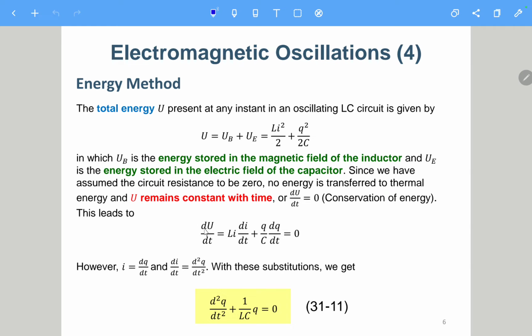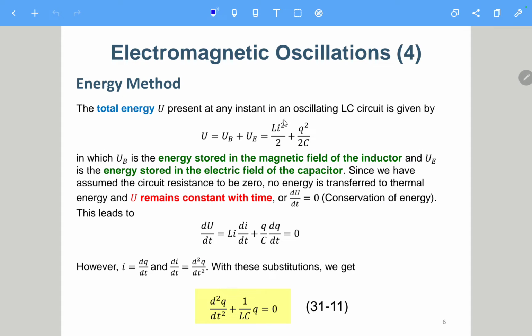Of course, the energy may be transferred from UB to UE and then from UE back to UB, but the total energy doesn't change at all. So after we add them together and take the time derivative, it doesn't change. So let's see how to calculate dU dt.